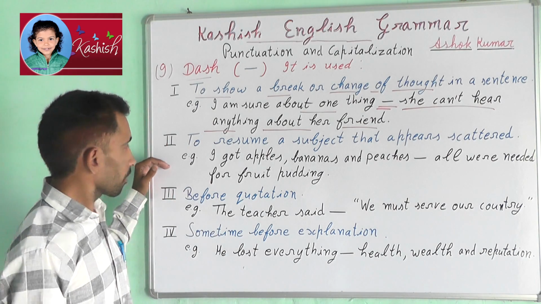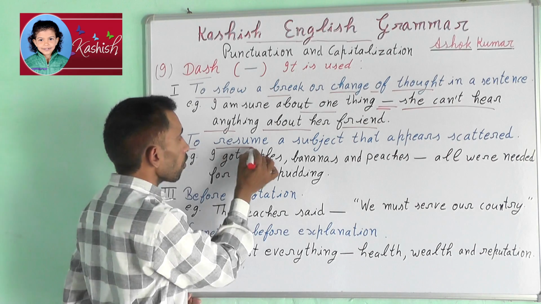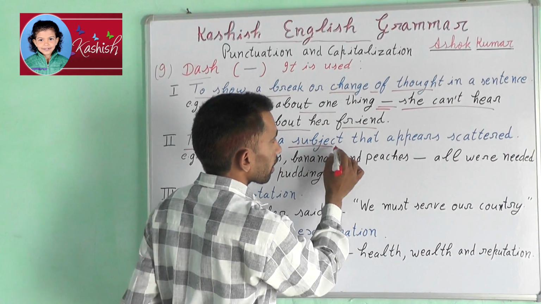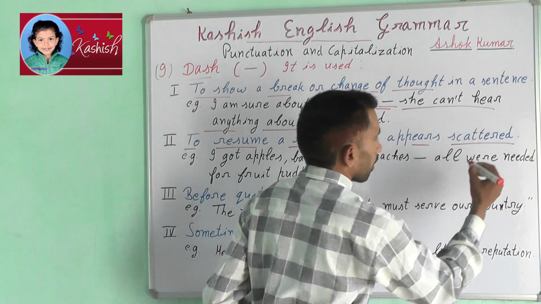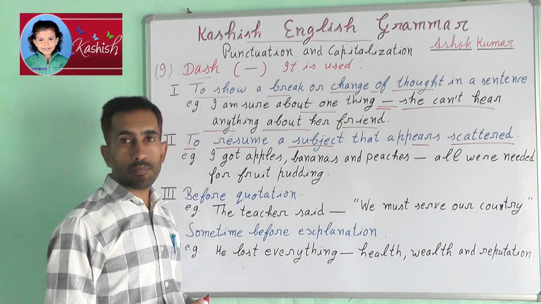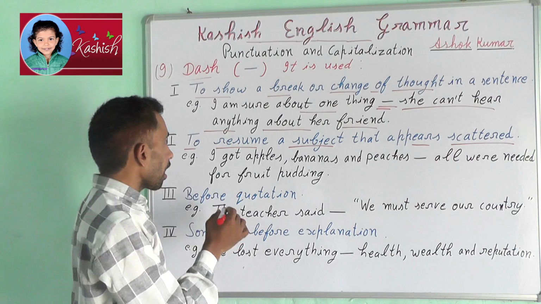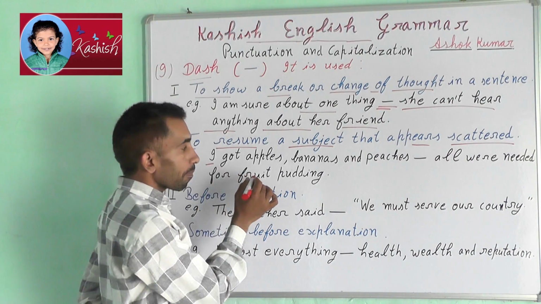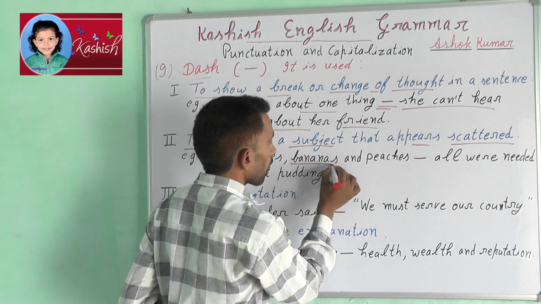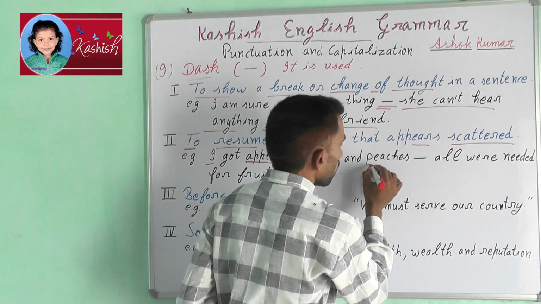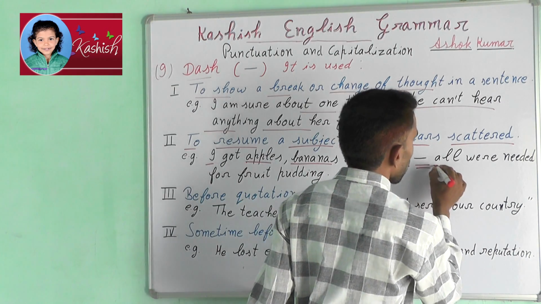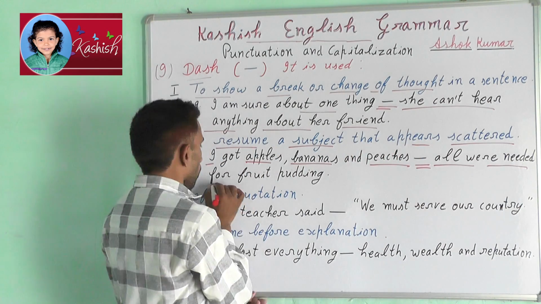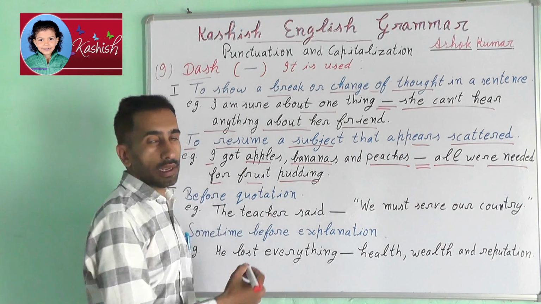Second, to resume a subject that appears scattered. For example, "I got apples, bananas, and peaches—all were needed for fruit pudding."